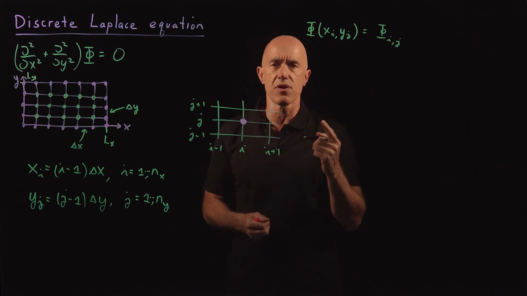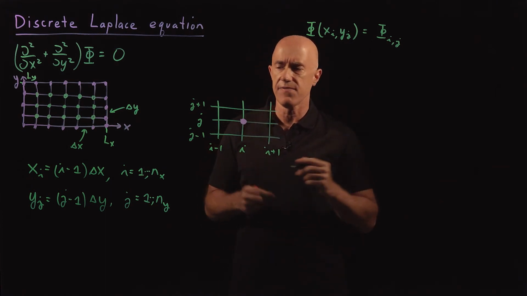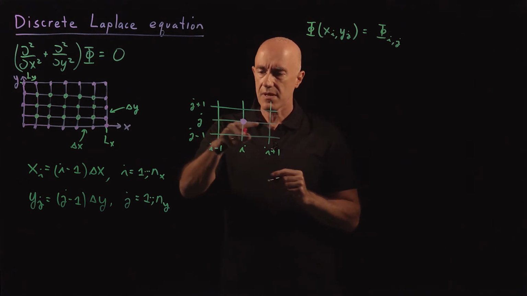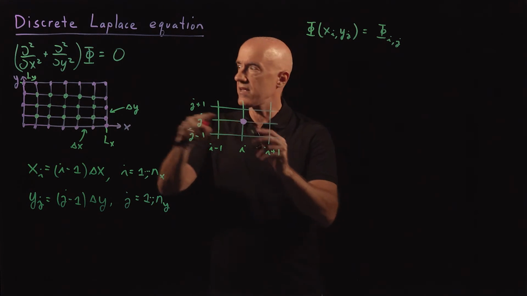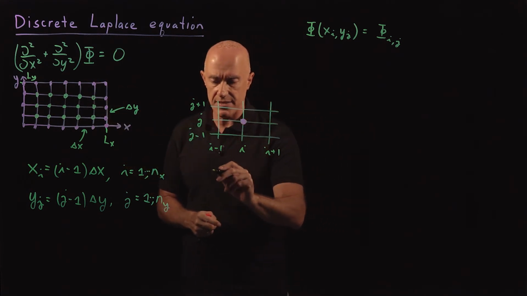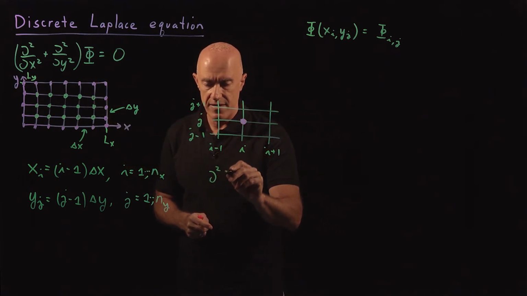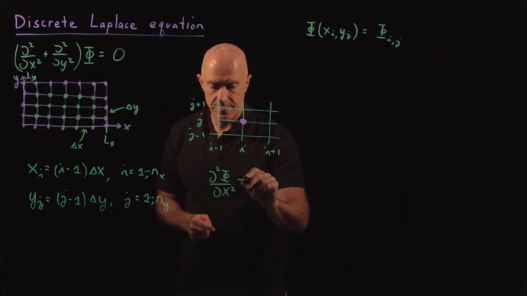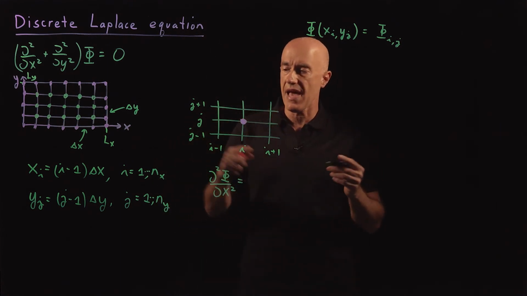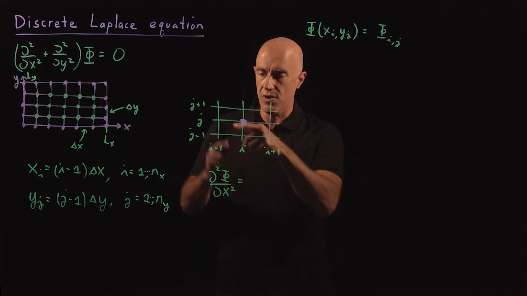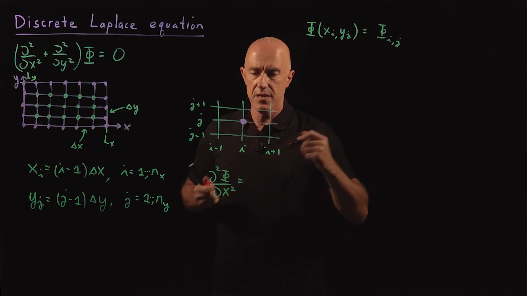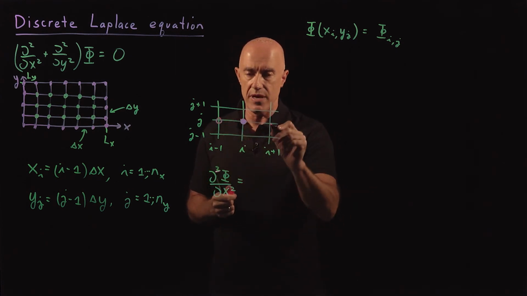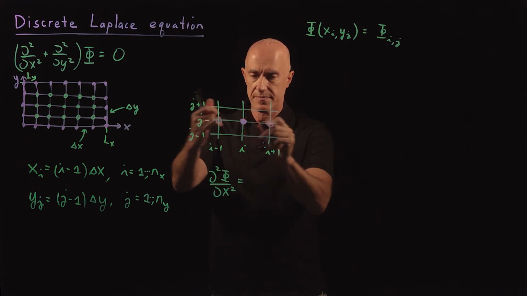So we have our central finite difference approximation for the derivative. If we're taking the derivative with respect to x, we have d squared phi dx squared. We want to approximate that using our central difference formula. And the derivative in x means we need this point and this point.